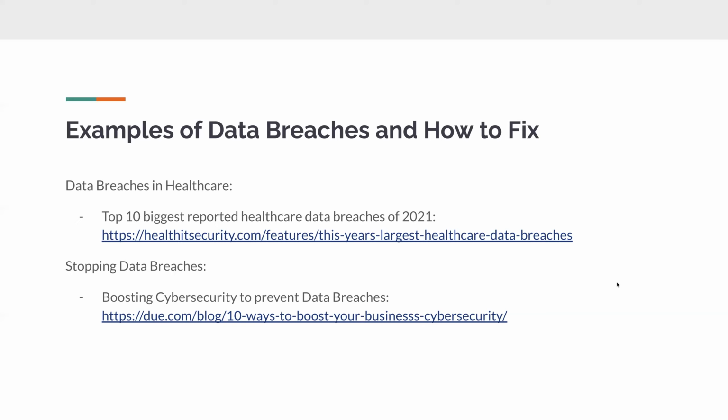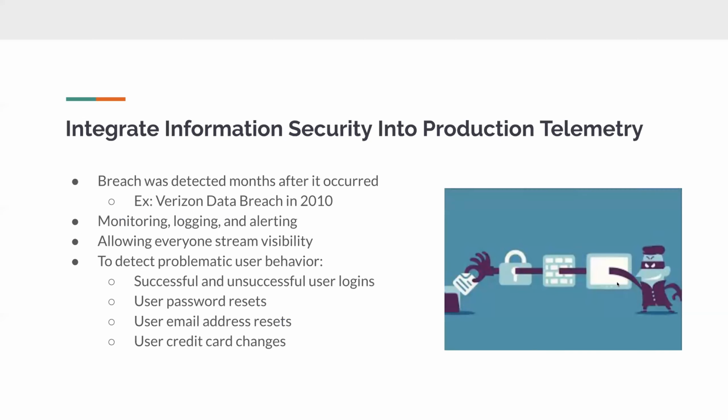These are things that we hear all the time, but other organizations or businesses are not as focused on these individual items, and that's part of what our job is: to help secure information for customers and for patients. And the next slide talks about integrating information security into production telemetry.